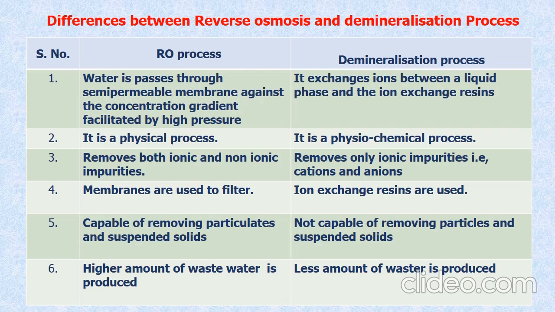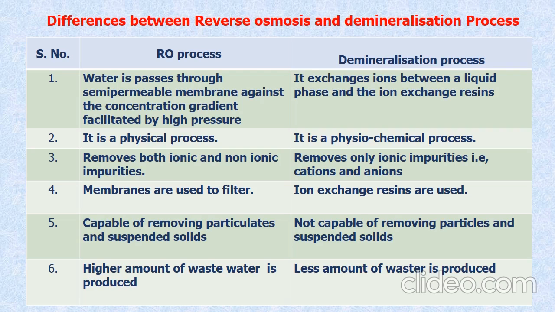In the demineralization process, it is the exchange of ions between the liquid phase and the ion exchange resin, just the ions. RO is a physical process. Demineralization, we can say, is partially physical as well as chemical, a physiochemical process, because there is an exchange of ions taking place. Reverse osmosis removes both ions and non-ions. Demineralization removes only the ionic impurities, cations as well as anions.